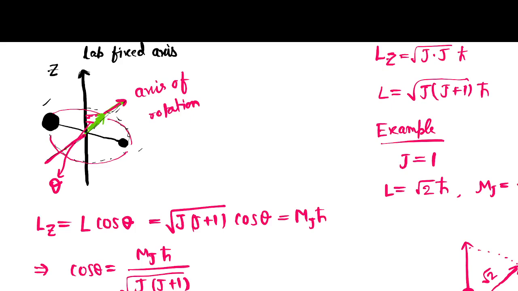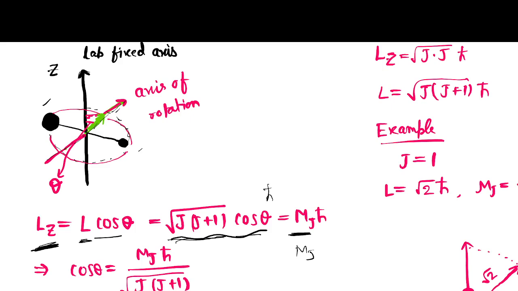We saw that this Lz, the angular momentum on the z axis, is nothing but L cos theta, and this L is given by root J into J plus 1 in units of h cut, and we can replace this whole term by mj.